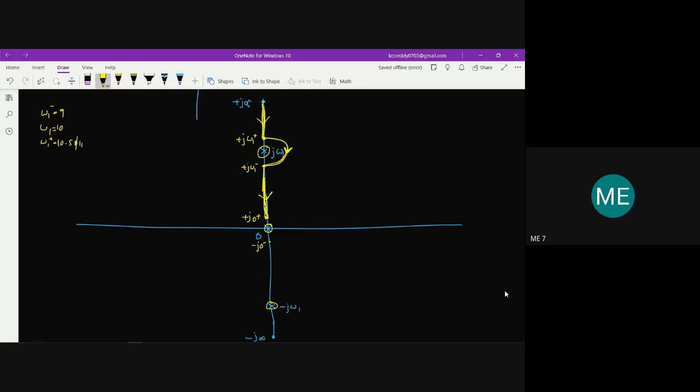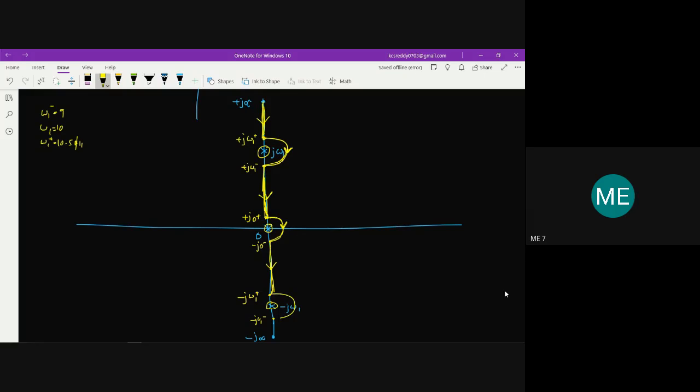So 0 minus is nothing but a little lesser than the value of 0. So like this we have a path. Now coming to this point, I'll take one more point, minus j omega 1 plus, which is just above this minus j omega 1 value, and similarly one more point, which is minus j omega 1 minus. So likewise I'll take this.